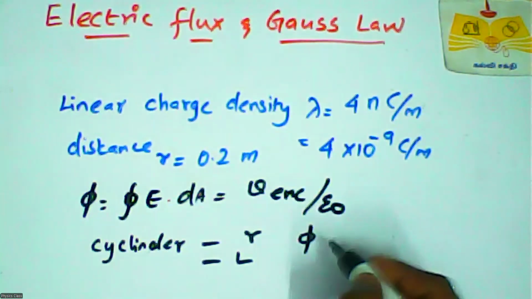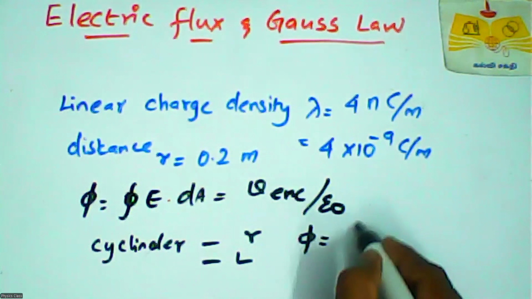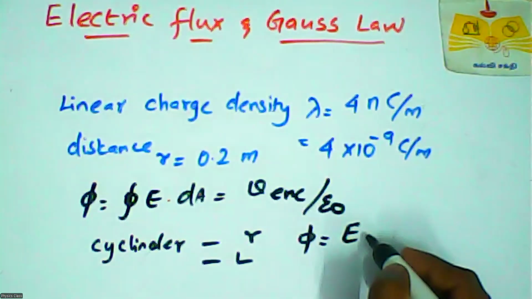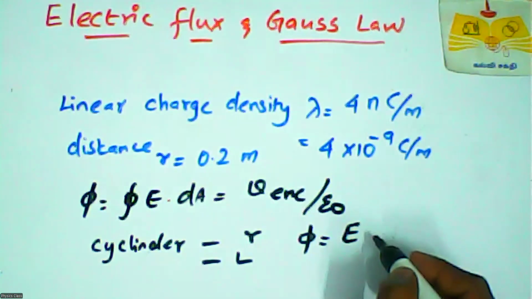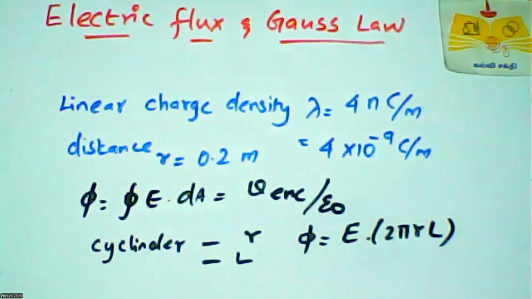The curved surface area for the cylindrical surface, you already know, is 2 pi r L. For our cylindrical surface of radius r and length L, the flux only passes through the curved side.